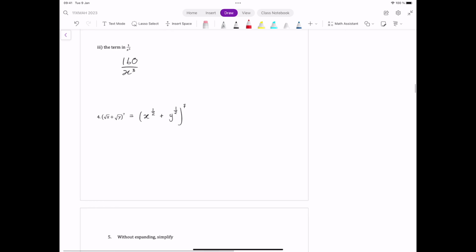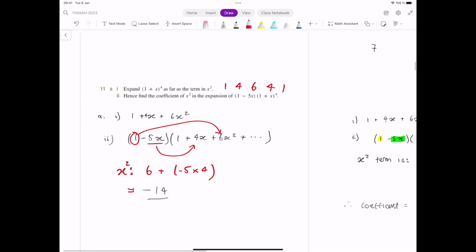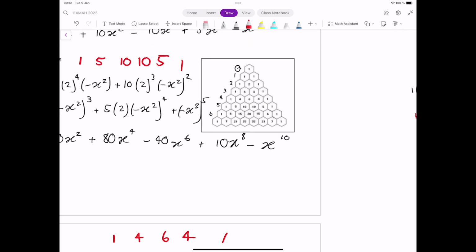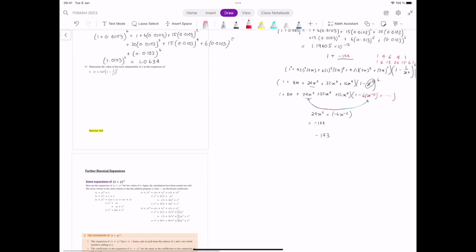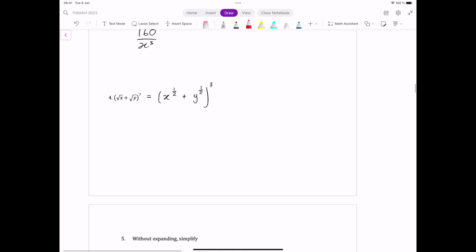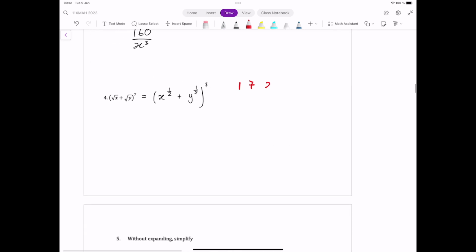And we're going to look up our 7th term in the binomial, in Pascal's triangle. So 1, 7, 21, 35.